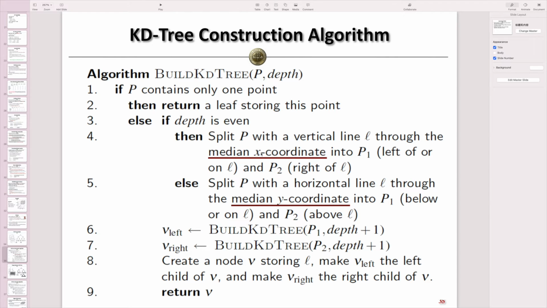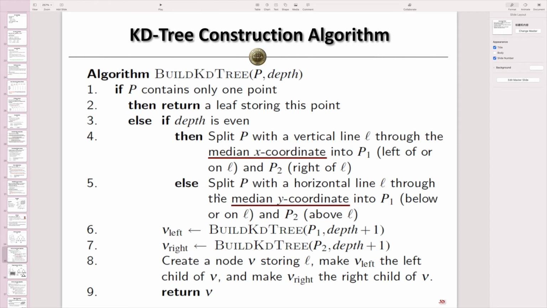We decide to split according to either the x or y coordinates depending on the depth of the tree structure. If the tree structure depth is even, starting from 0, then we split according to the x-axis. Otherwise, if the depth is odd, we do this operation instead.